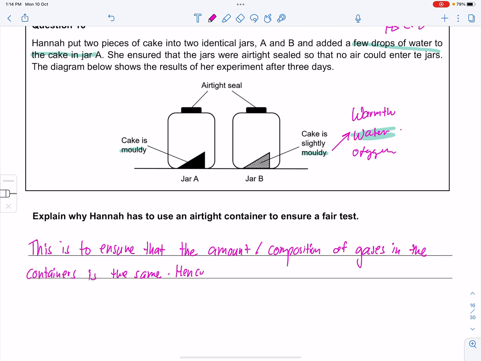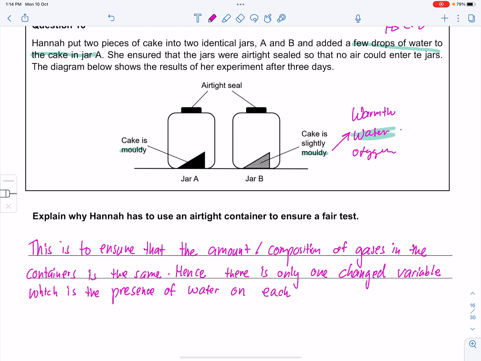Hence, there is only one changed variable, which is the presence of water on each cake, so that the experiment is a fair test.